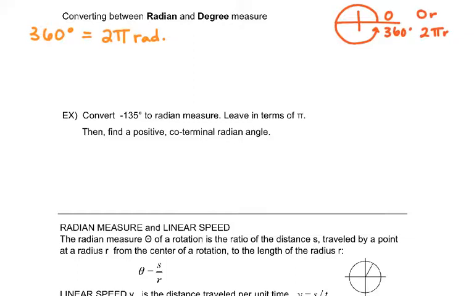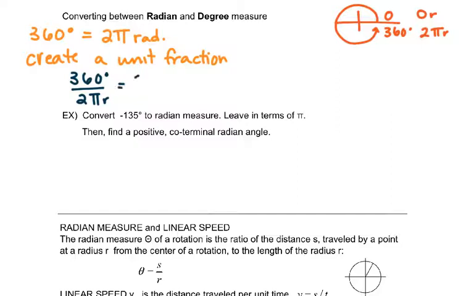Furthermore, we can use that to create a unit fraction. A unit fraction is a fraction that's equal to 1. And when you're thinking about canceling, especially maybe in your chemistry or physics class, and you're converting units, you match up unit fractions in order to convert. So I can say here that 360 degrees over 2 pi radians, since that is the same quantity divided by itself, even though they have different measures, we can create this unit fraction.